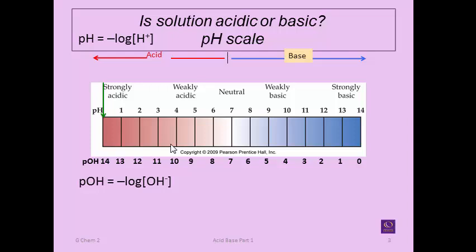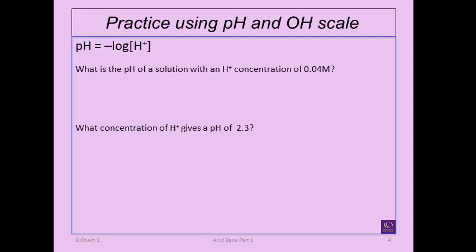And one of the places it's good to start to review back from General Chemistry 1 is just, can you manipulate these expressions? So if you have the H plus concentration, the hydronium concentration is 0.04 molar, can you turn that into a pH using this equation? What if you're given the pH at 2.3 and you're asked what's the H plus concentration in reverse?